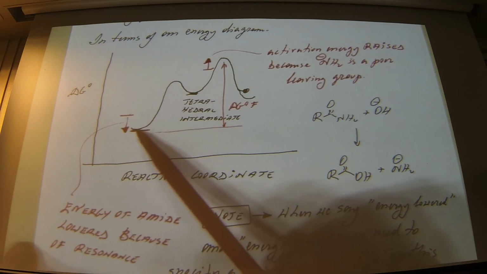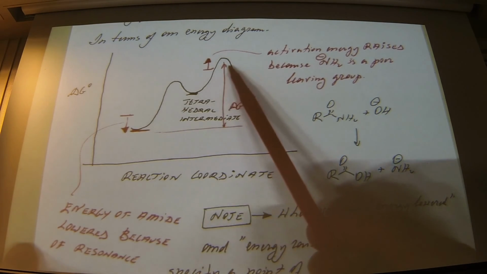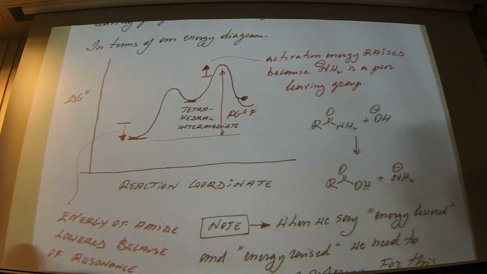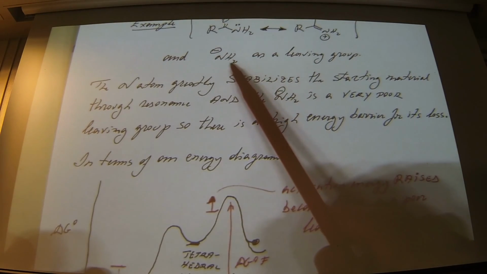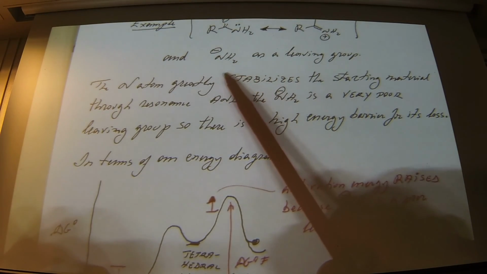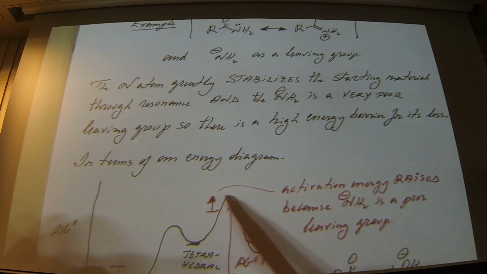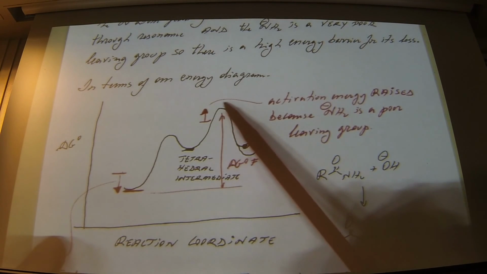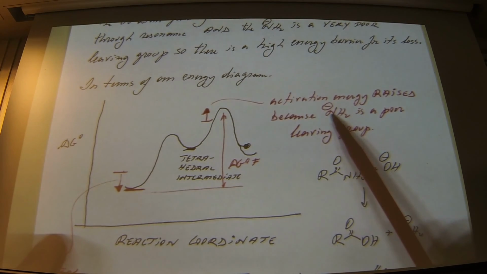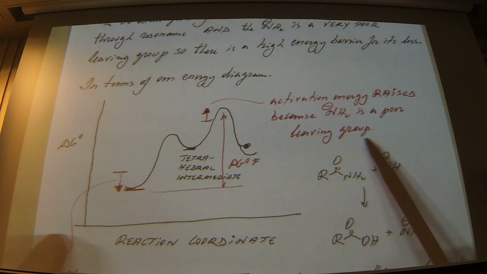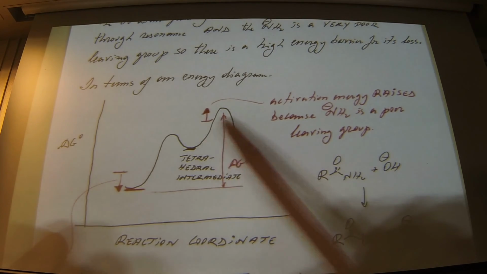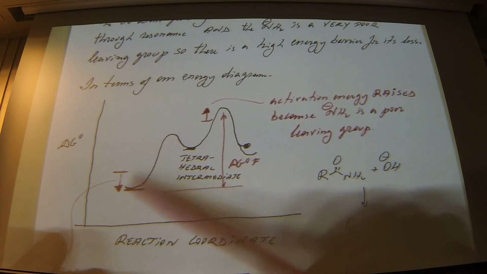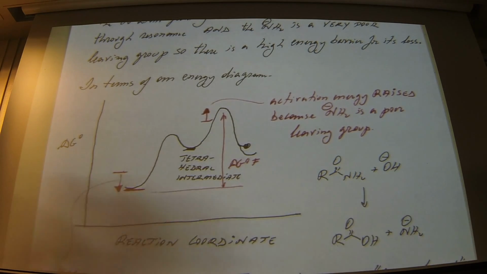Well, because the nitrogen is less electron withdrawing than the oxygen. And so I've lowered the energy of the starting material, and then the first transition state is to get the tetrahedral intermediate. The second transition state is to spit out NH2 minus as a leaving group. Well, it doesn't have to be NH2 minus, I already explained that, but you know what I'm saying. So it's splitting out the leaving group. Now, the energy for that is raised relative to an ester because this is a poor leaving group compared to OR minus. And so you're lowering the energy of the starting material and raising the energy of the transition state.